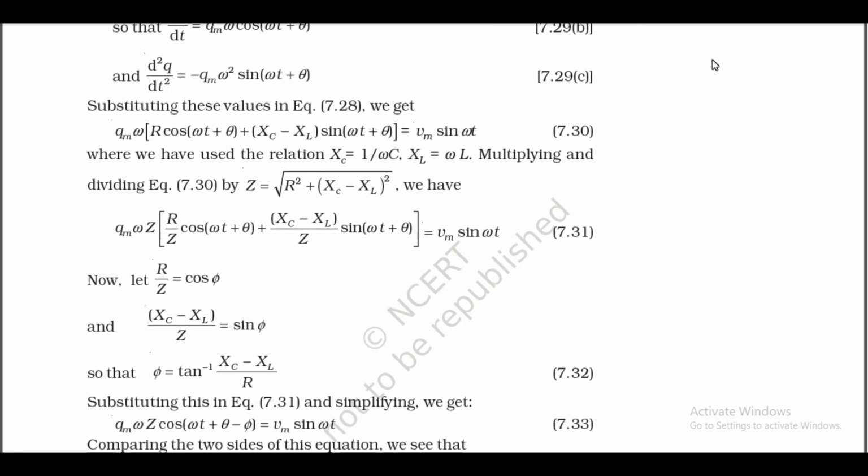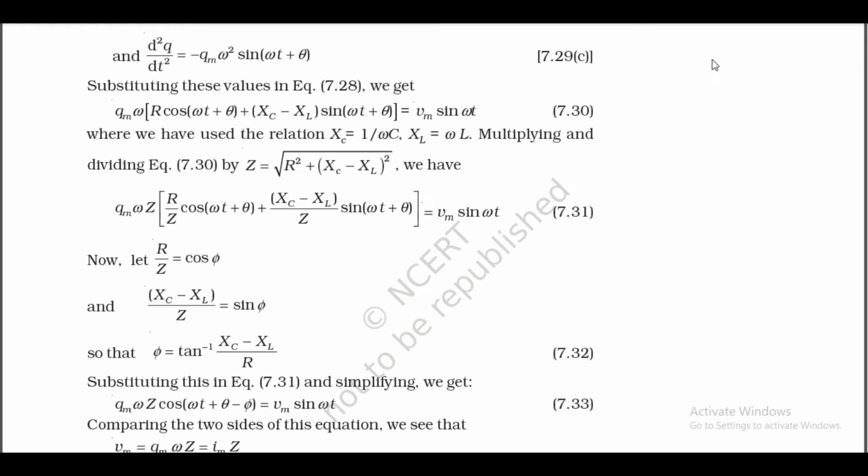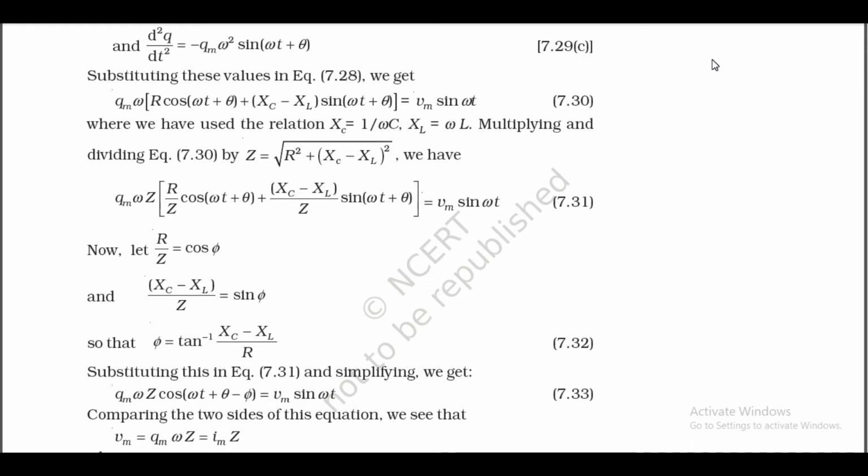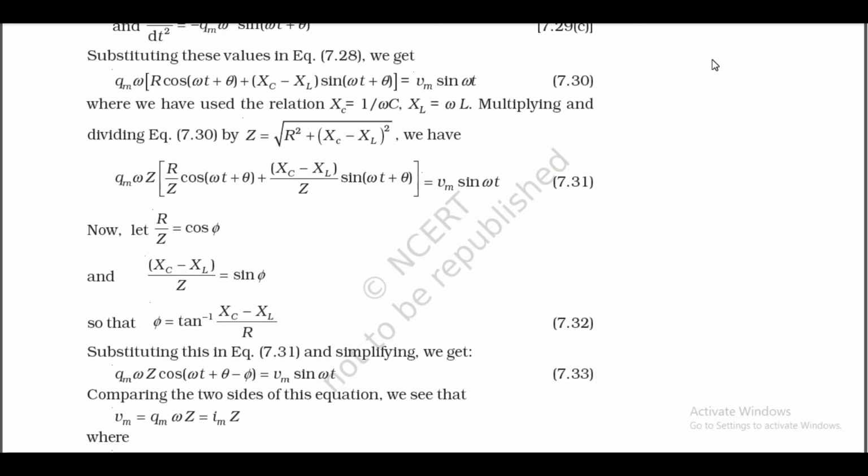Substituting these values in the equation, we get Qm omega times R cos of omega t plus theta plus Xc minus Xl sin of omega t plus theta is equal to Vm sin omega t, where we have used the relation Xc is equal to 1 by omega C, Xl is equal to omega L.